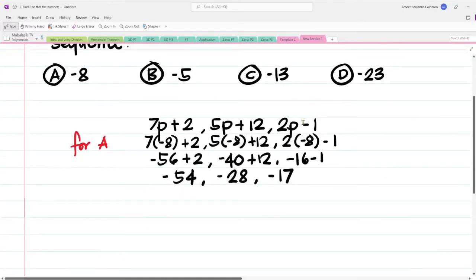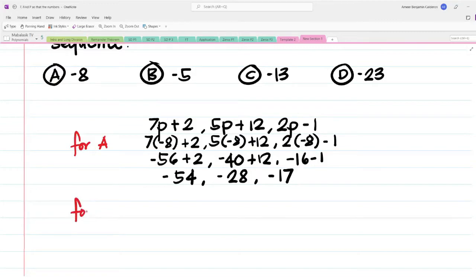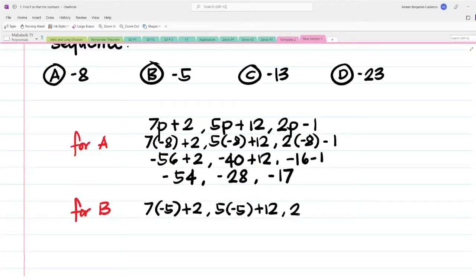Let's try B. Negative 5. So, we have here 7 times negative 5 plus 2. 5 times negative 5 plus 12. And 2 times negative 5 minus 1. So we have negative 35 plus 2.